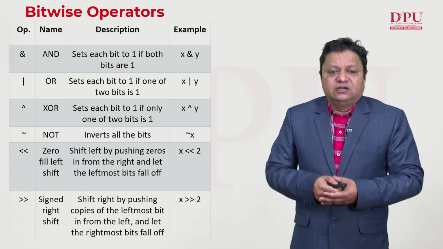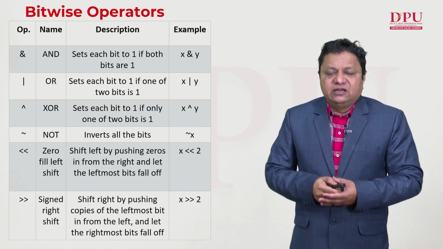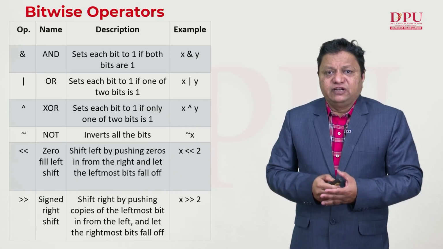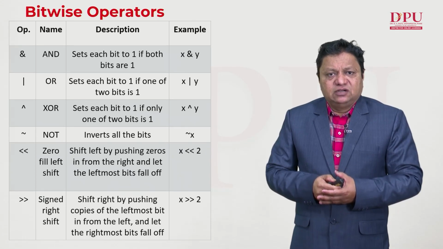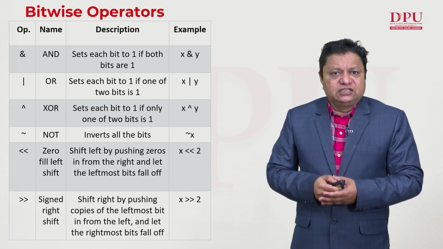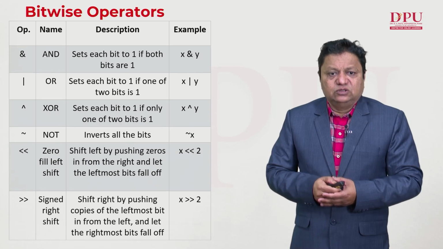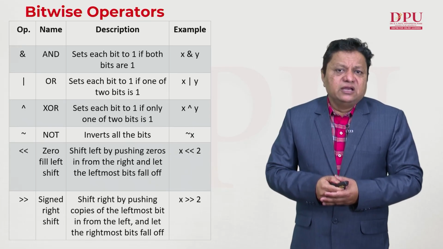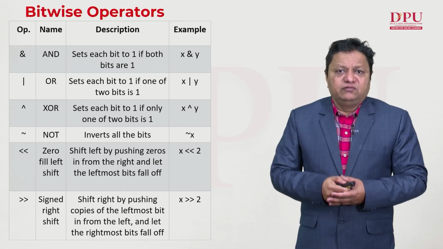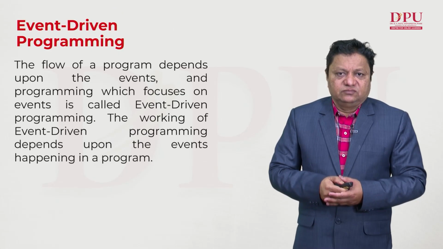Left shift will shift the bits by the number of positions to the left. Right shift will shift the individual bits by the number of positions that you specified. So, these are the bitwise operators which are used to perform operations on individual bits.